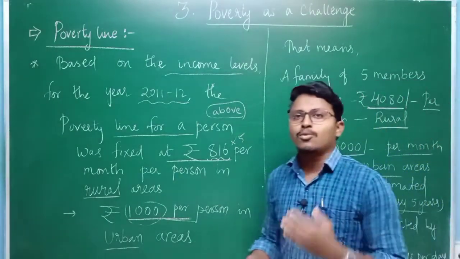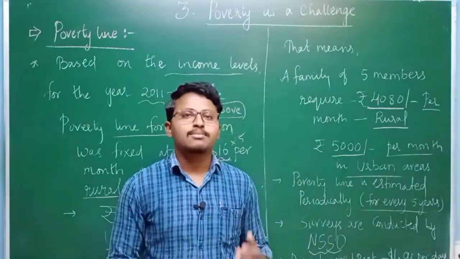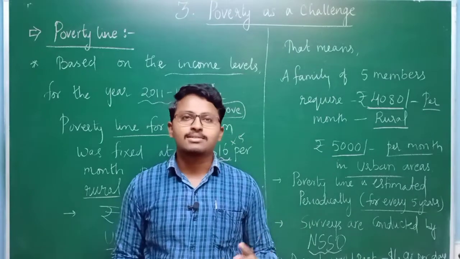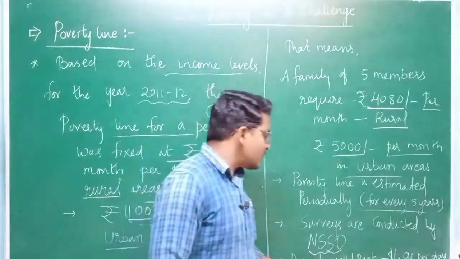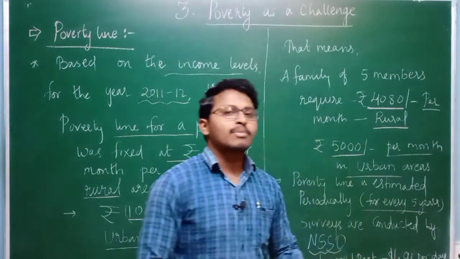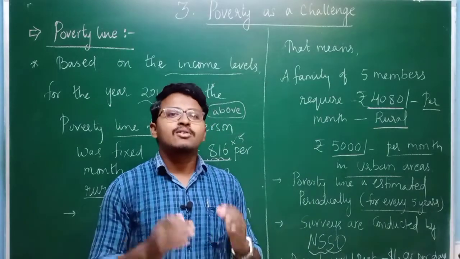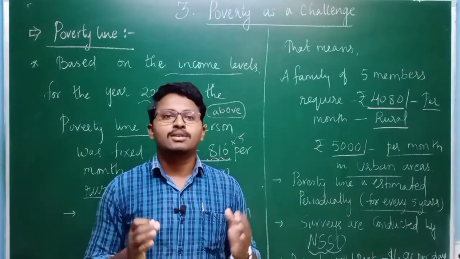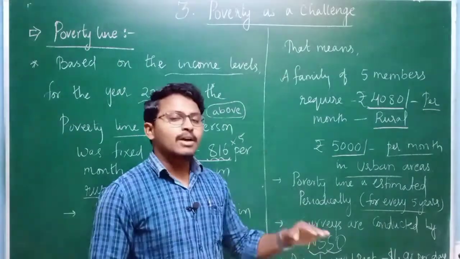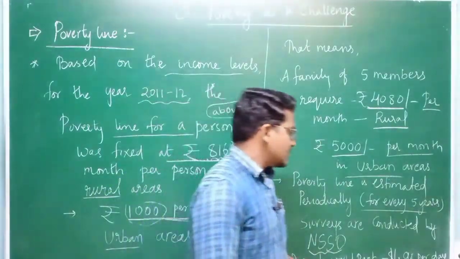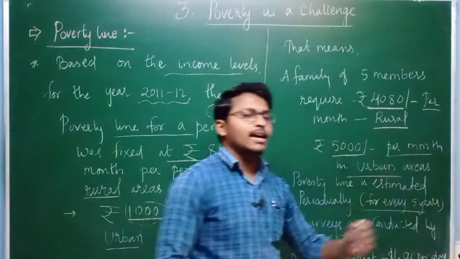And among worldwide institutions, the World Bank also measures poverty using dollars. The minimum requirement to come above the poverty line is $1.9 per day per person.